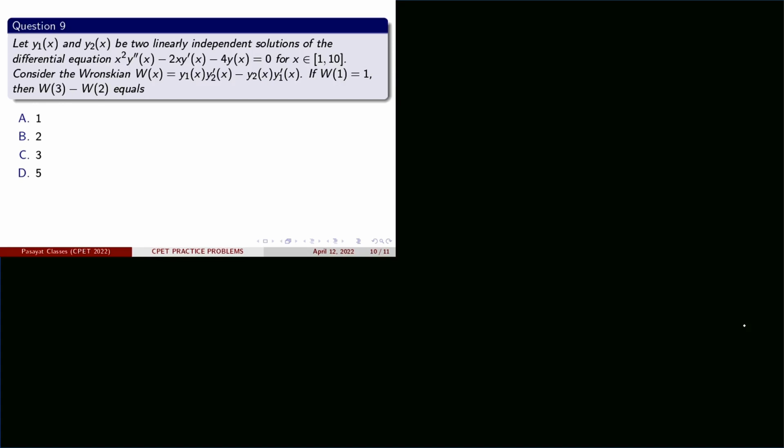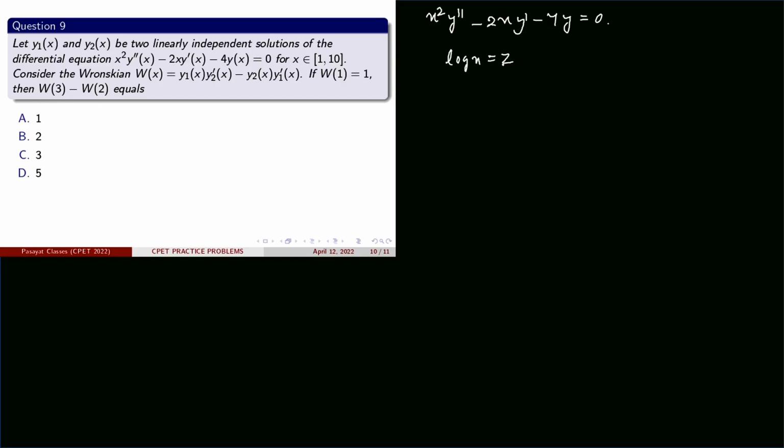So here our differential equation is given as x square y double dash minus 2x y dash minus 4y is equal to 0. In this type of differential equation we can rewrite this equation by putting log x is equal to z, or x is equal to e to the power z.